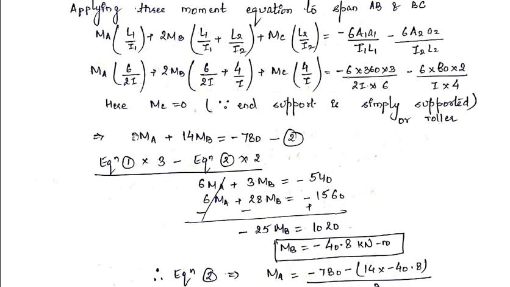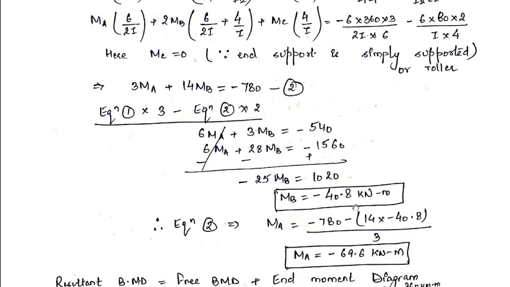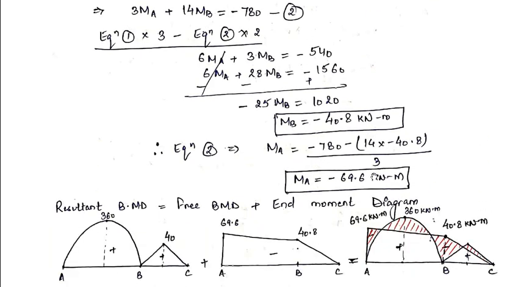Equation 1 into 3 minus equation 2 into 2, so that these two coefficients become equal, and when we subtract them, these two terms cancel each other. After solving, the value of MB will come out to be minus 40.8 kilonewton meter, and by putting the value of MB back into equation 2, we find the value of MA, which will come out to be minus 69.6 kilonewton meter.